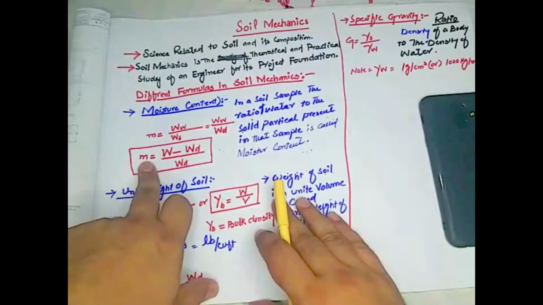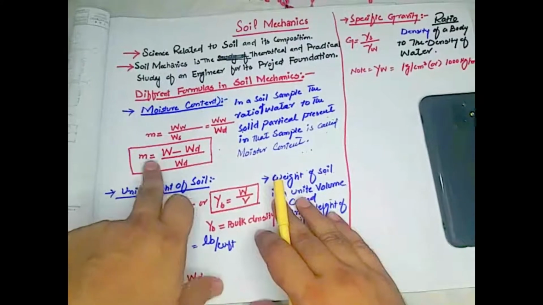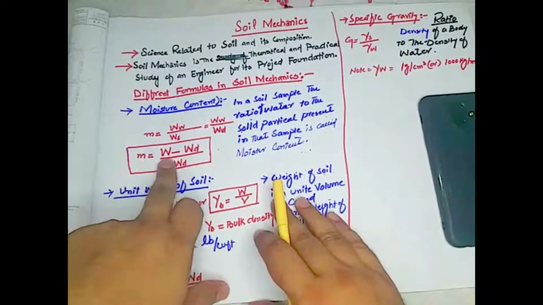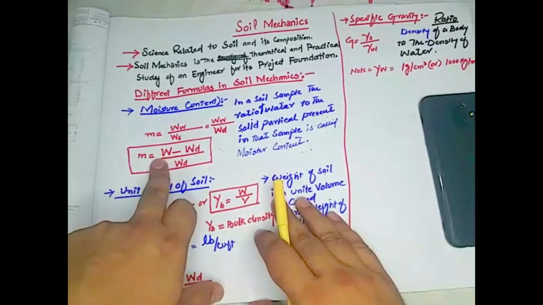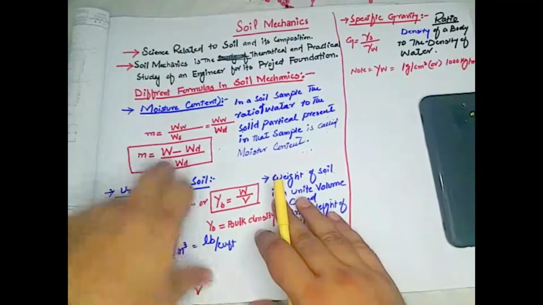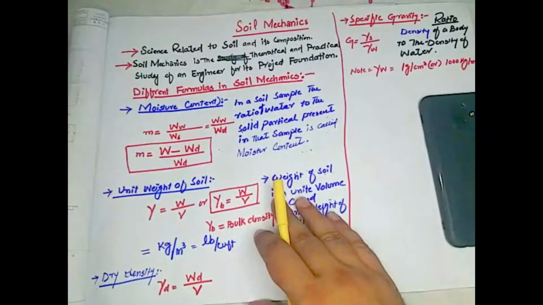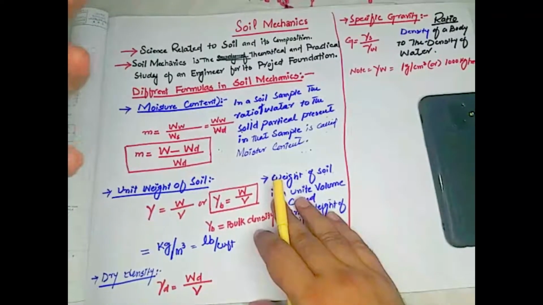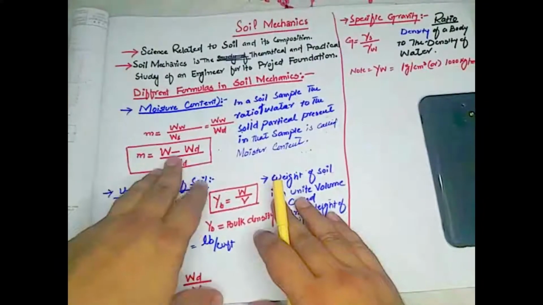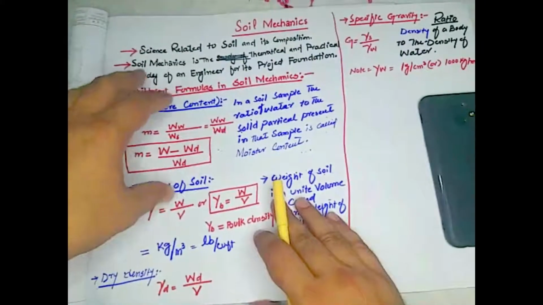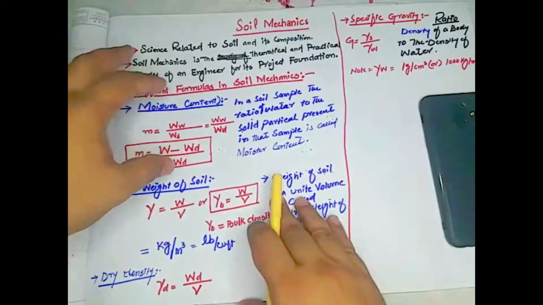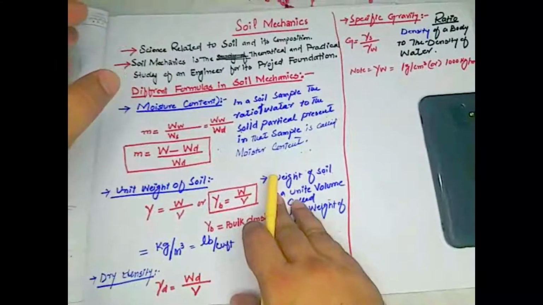So the formula commonly used is M equals total weight of a soil sample minus total dry weight of the sample, divided by total dry weight of the soil sample.